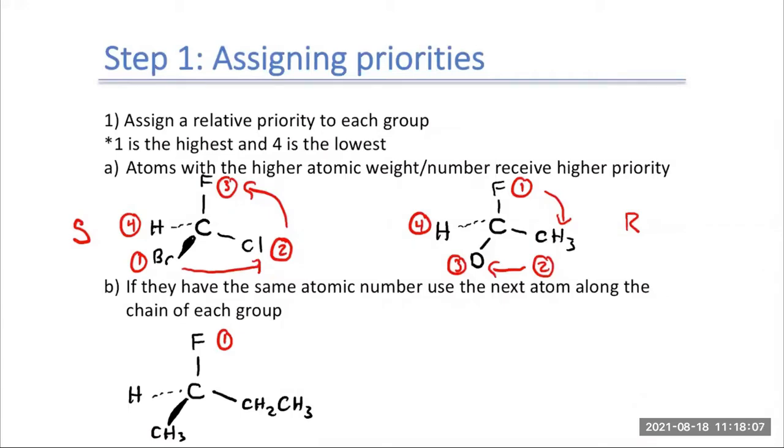With our methyl group, our methyl group has 1, 2, 3 hydrogens attached to it. This carbon here, it has 1, 2 hydrogens, and then its fourth bond belongs to a carbon.